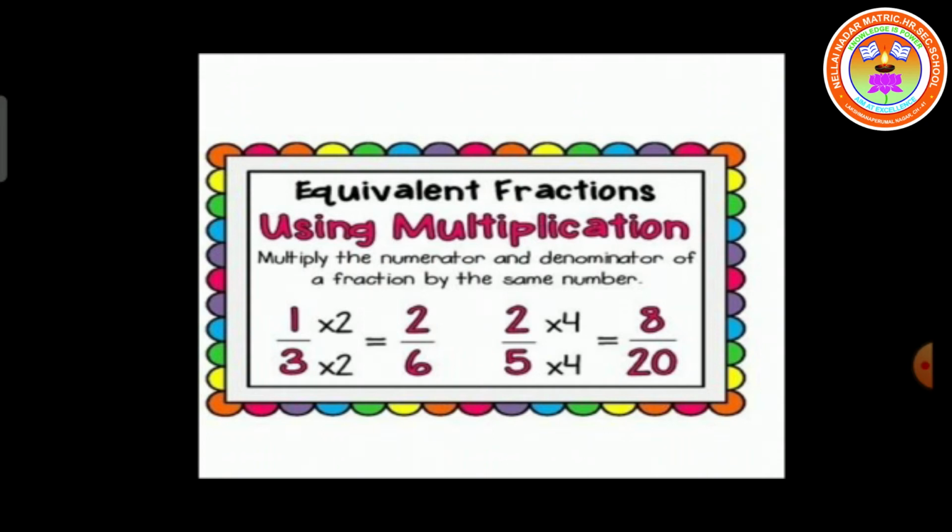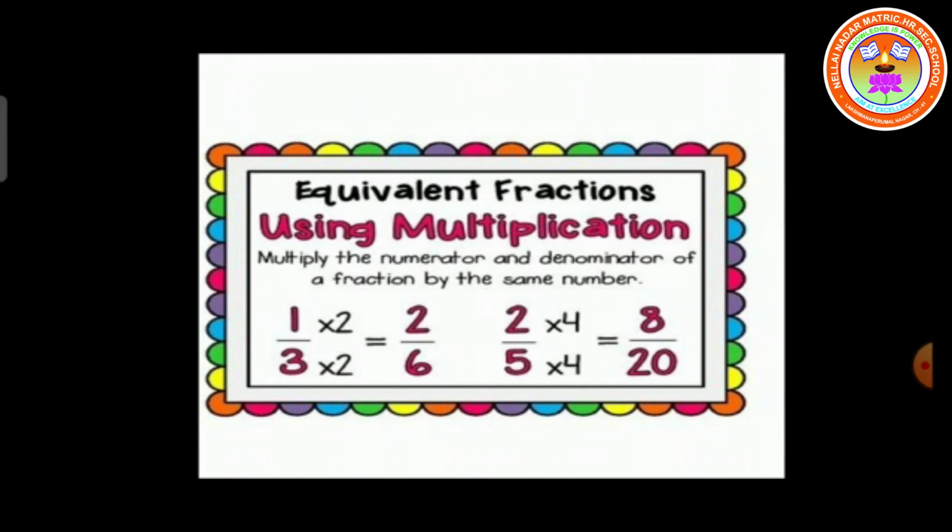I am just multiplying this 1 by 3 with 2. That is, multiply by 2 for both numerator and denominator to make it an equivalent fraction. Students, when you are multiplying any number with the numerator, the same number you have to multiply with the denominator. That is the concept of equivalent fraction.